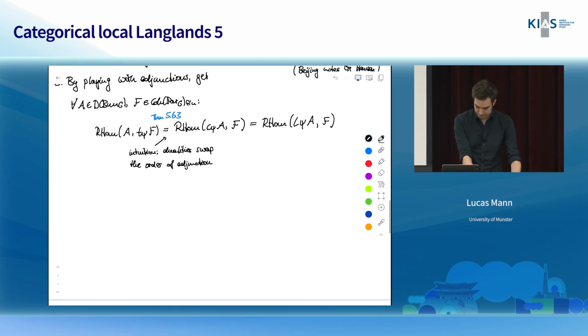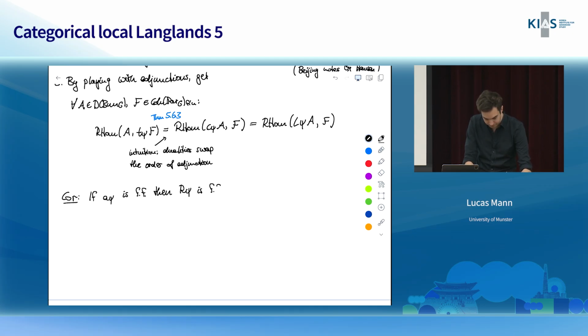And now here comes the corollary. If A psi is fully faithful, then R psi is fully faithful. And here's again the sketch. You do this again in two steps.